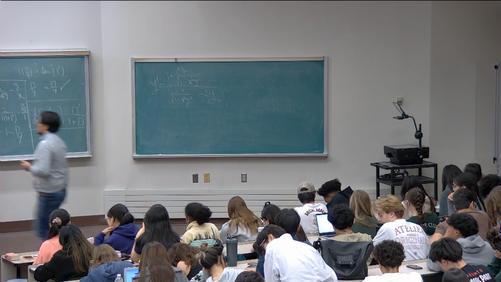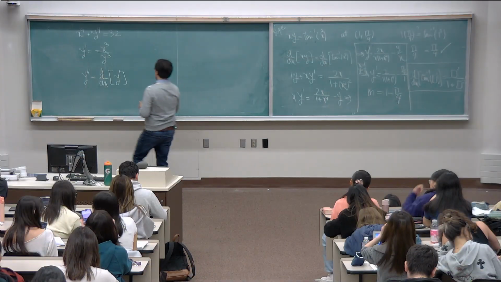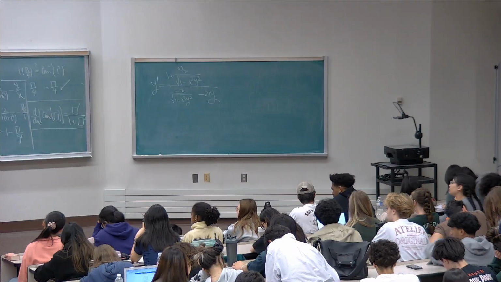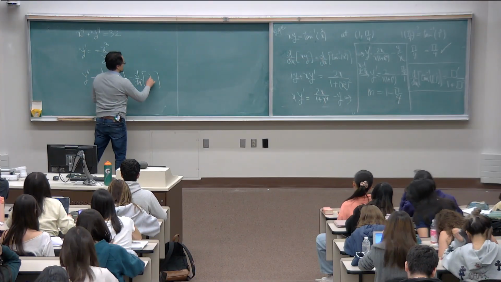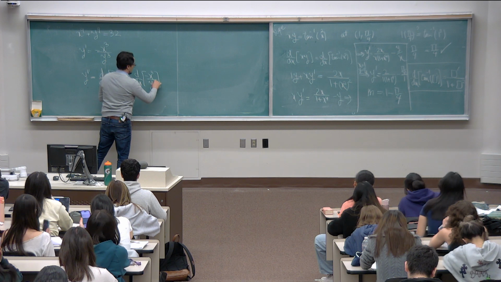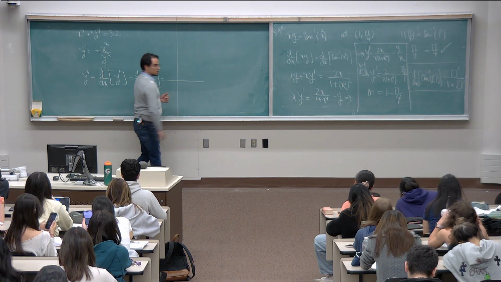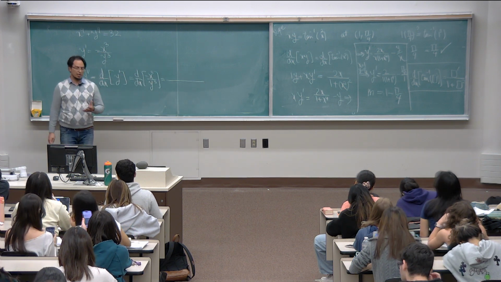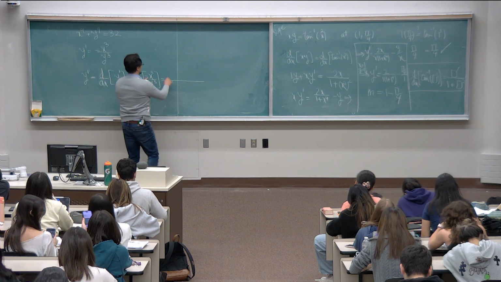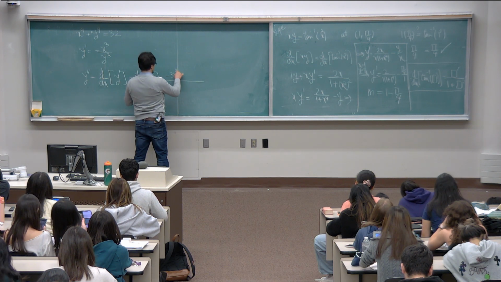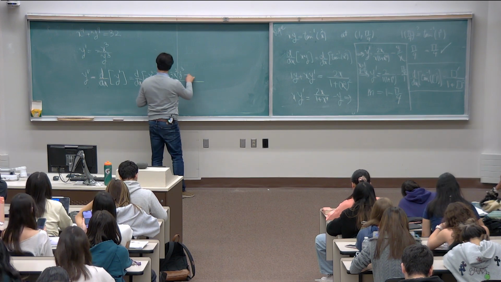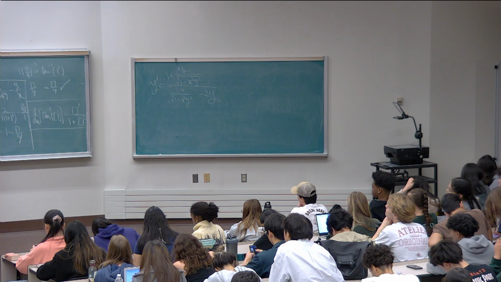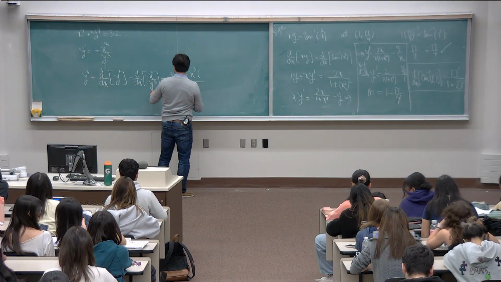Okay, so I'm differentiating y prime, but y prime is an expression in x and y. Well, that's the chain rule. I'll apply the chain rule. Here, the derivative of the numerator times the denominator minus the numerator times the derivative of the denominator.